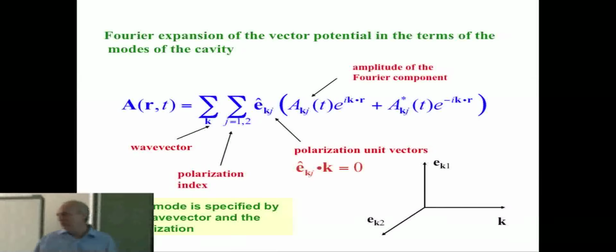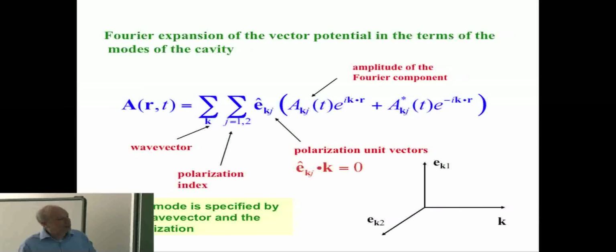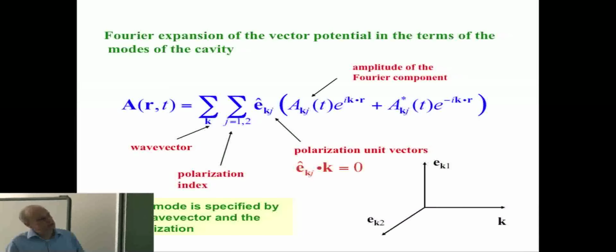So there are only 2 independent polarization directions. This is the reason why this sum over j has only 2 values: 2 independent directions in a plane orthogonal to the wave vector k. And this is the so-called polarization unit vector that gives the direction of that particular mode of the field.